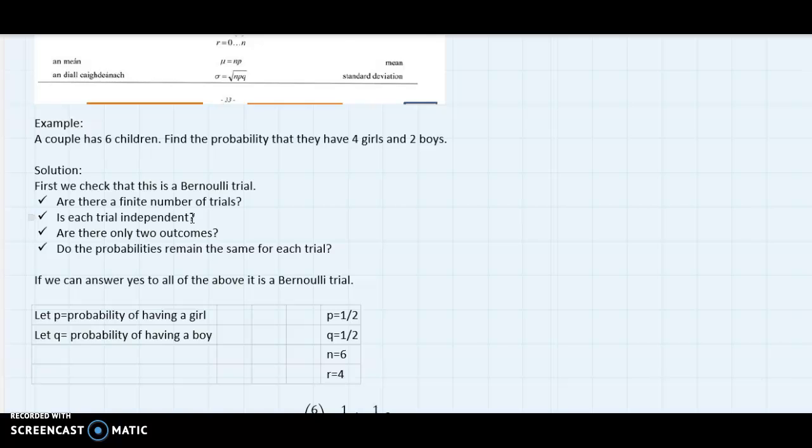Well, yes, because the gender of one child does not have any effect on the gender of the next trial. Are there only 2 outcomes? Yes, it can be a girl or a boy. And do the probabilities remain the same for each trial? Yes, they're always going to be the same. So if you can answer yes to all of these, it's a Bernoulli trial. If any of these criteria are missing, it's not a Bernoulli trial.